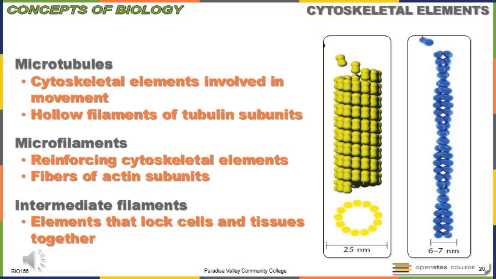Okay. Now, your cytoskeletal elements. These are components that will give the cell structure, among other things. It's called a cytoskeleton, and it's found between the plasma membrane and the nucleus.